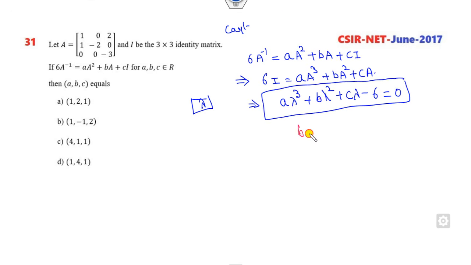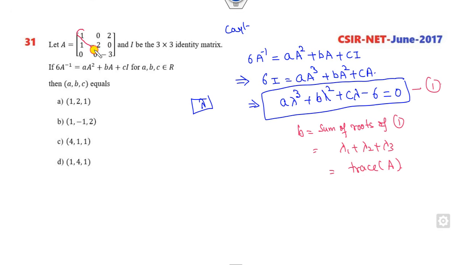Now what is the b? Sorry, b is nothing but my sum of the roots of this equation, the roots of equation number 1. And we all know what the roots are: the eigenvalues. The sum of the roots is the trace of the matrix.